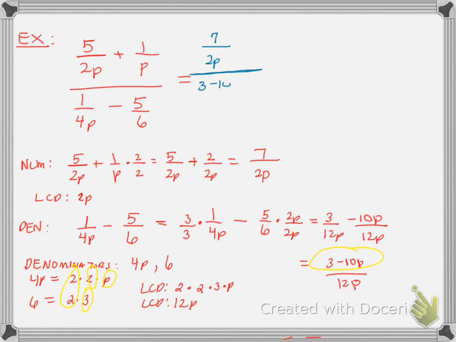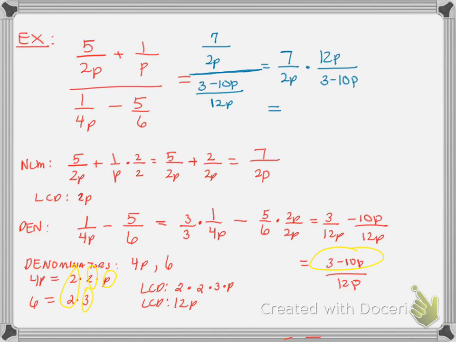The importance of that is, remember again, division is multiplication by the reciprocal, by the flip, right? You flip the denominator. So this is going to be 7 over 2p times 12p over 3 minus 10p.